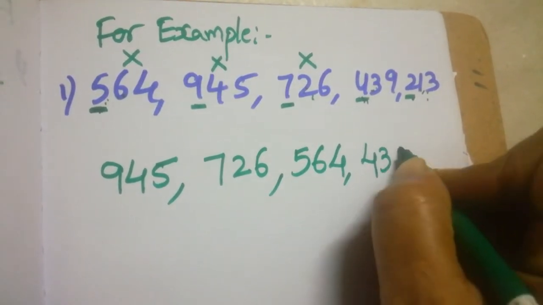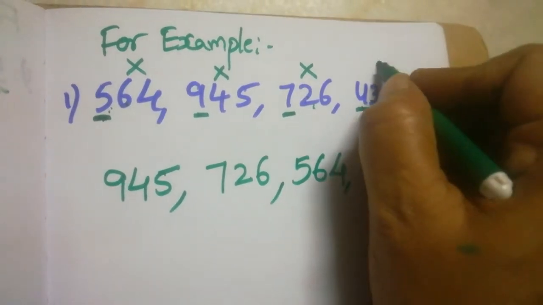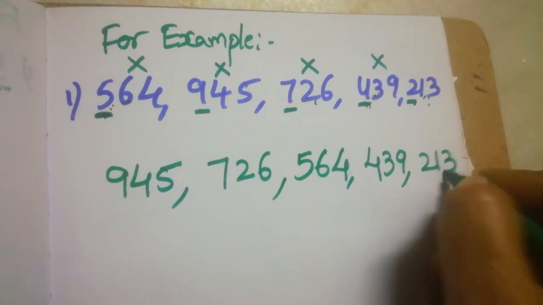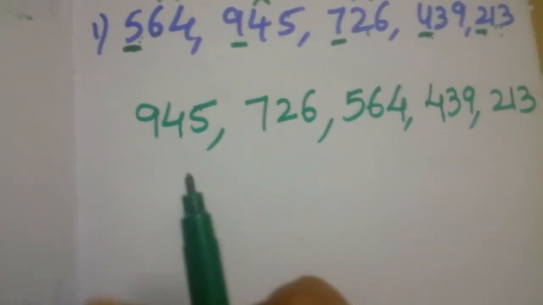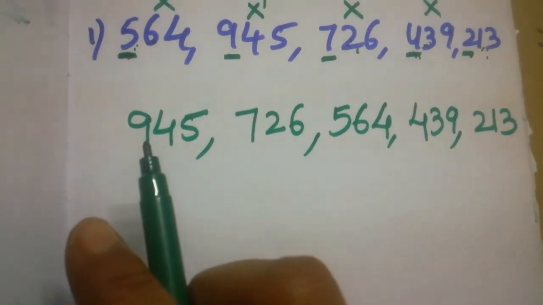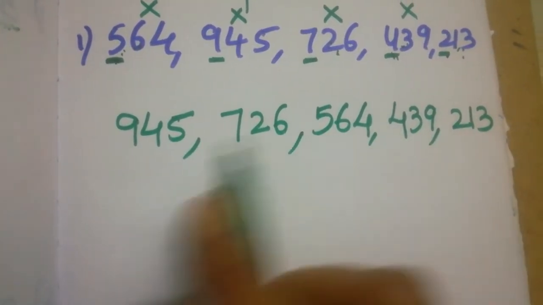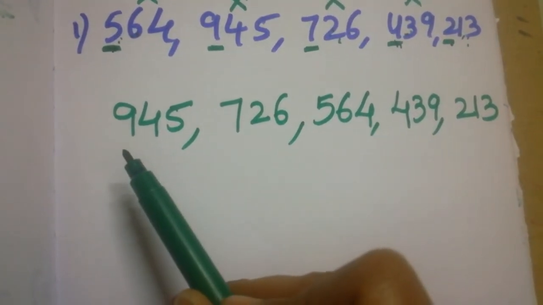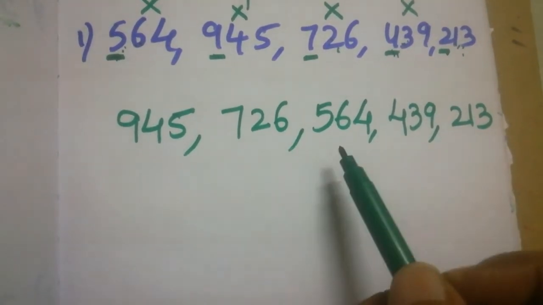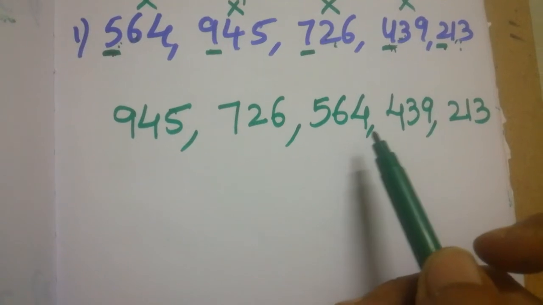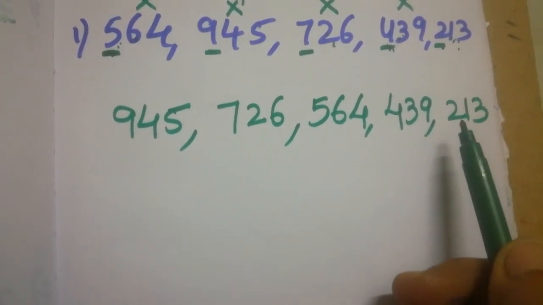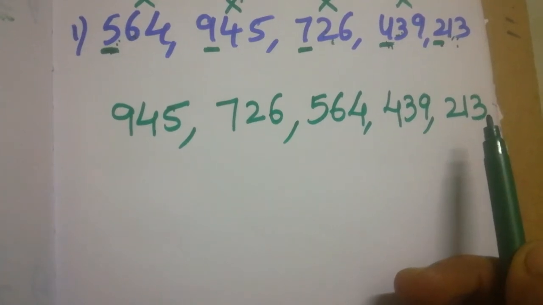So 439 you have to write. Now the last one remaining is 213. So in this way, in the descending order, we arrange the numbers from the greatest to smallest. So the greatest number is 946, then 726, 564, 439, 213 is the smallest number.